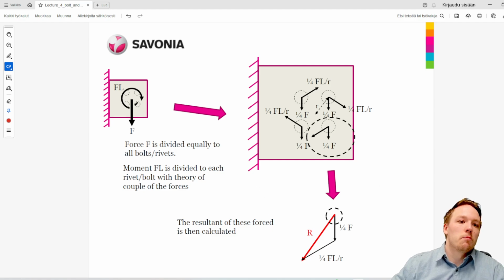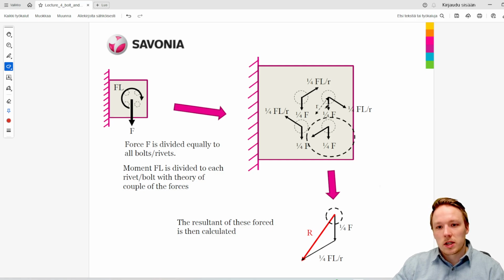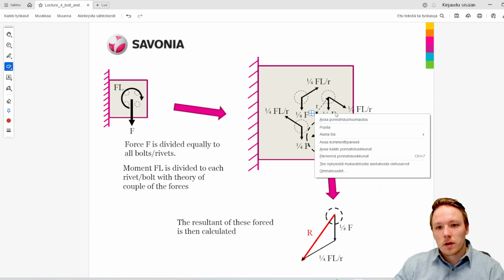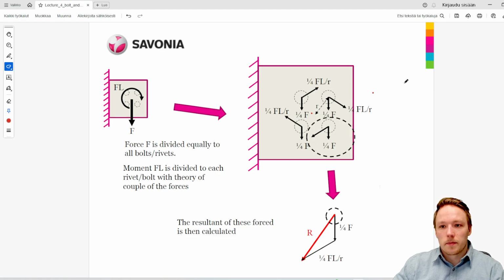So now that we did the moving of the force, we moved the force over here, and we have now here the torque FL and also the vertical force F. What is actually happening in here is that the torque is causing here force, like so, which is perpendicular to the center point where the force is.